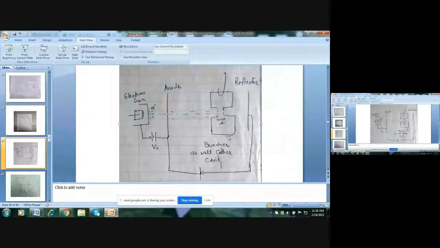So when we change the reflector voltage, the transit time will change, and at a certain time, depending upon the reflector voltage, we are able to maintain a condition in which the electrons can transfer energy to the cavity. Otherwise, the power is zero.